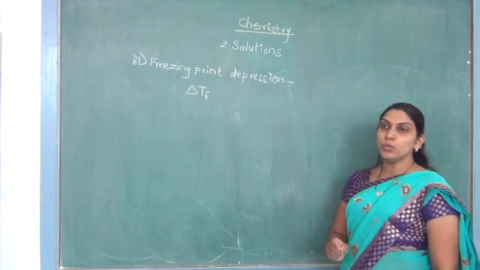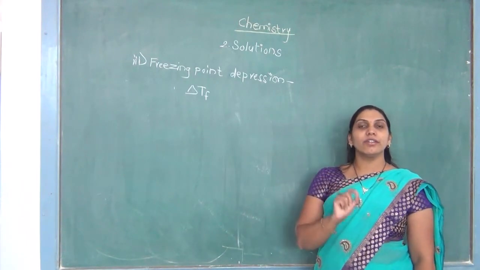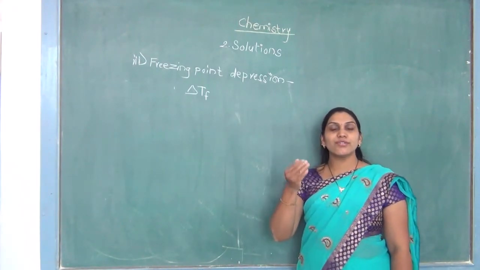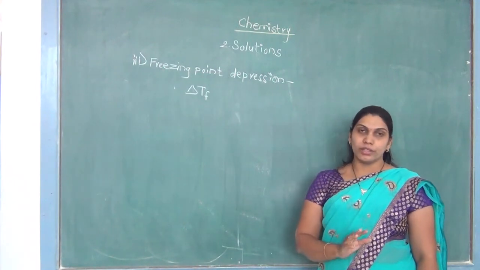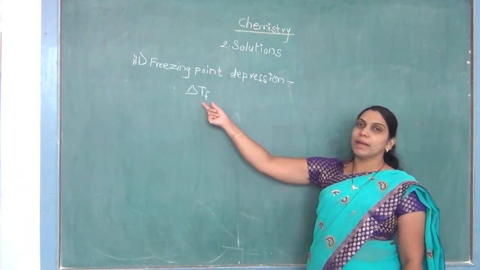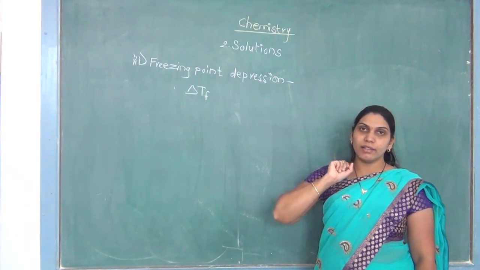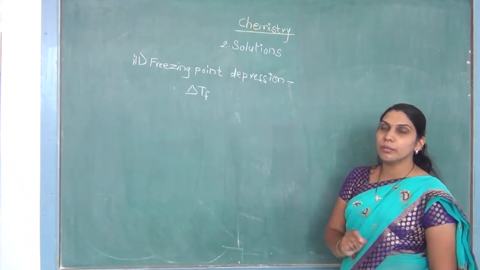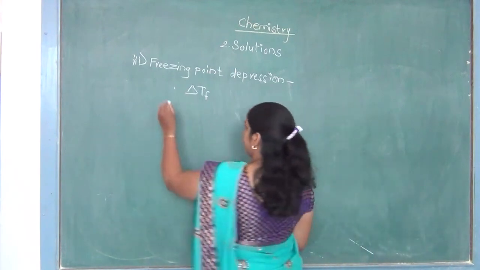As we studied now, whenever a non-volatile solute is added into a pure solvent, its freezing point is lowered. Now we'll see the mathematical equation for delta TF. First of all, we will understand some terms. The first term is T0F.